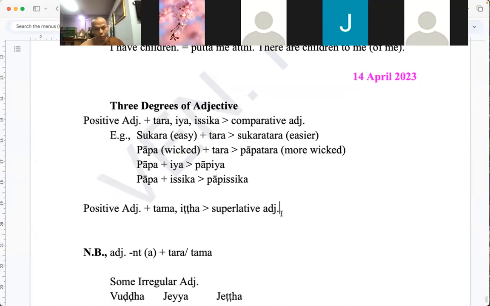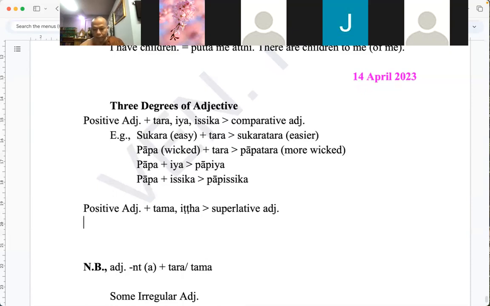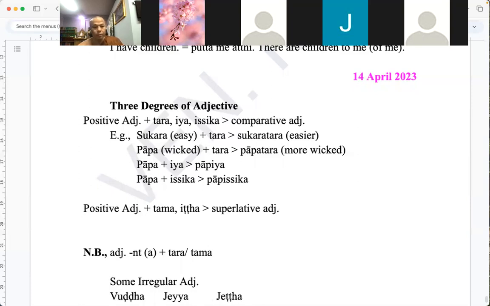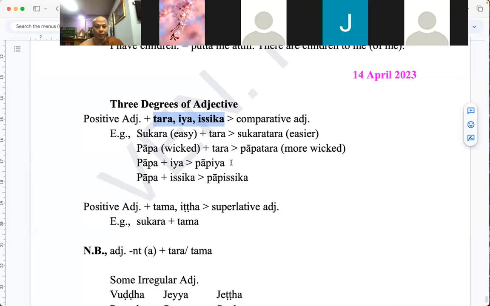So for the superlative adjective, for the sukara, so tama suffix. Okay. So now comparative adjective suffixes are here. You see tara, iya, and asika.